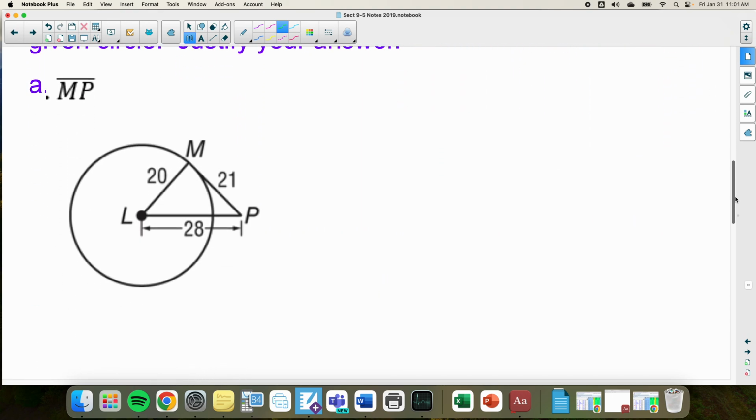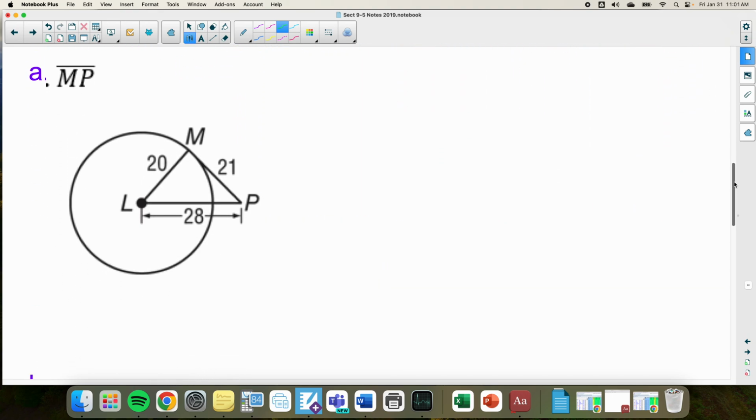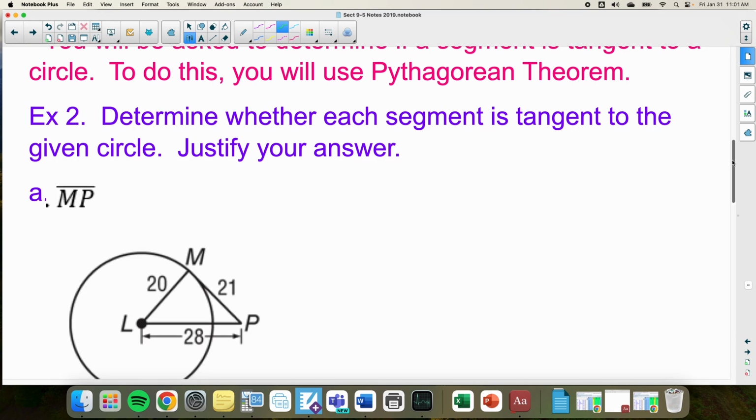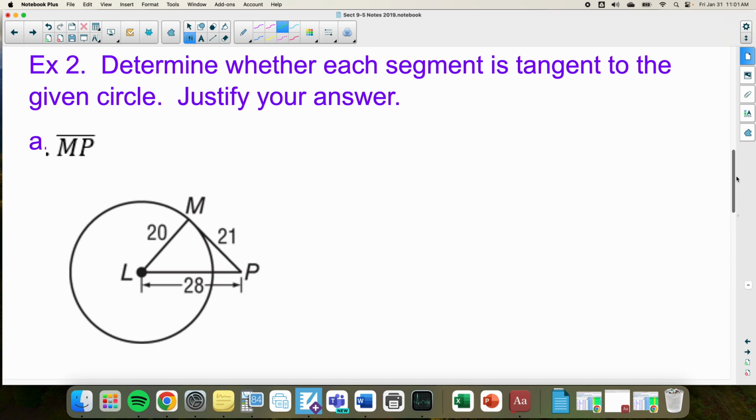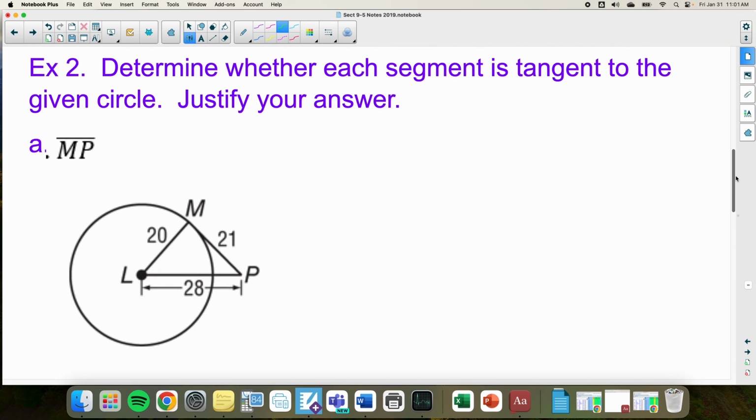All right, so if we look here, this is asking us to determine whether it's tangent to the circle and justify your answer. So what we're gonna do is just check, is 20 squared plus 21 squared equal to 28 squared? If it is, yes, it is a right triangle. If not, it's not.